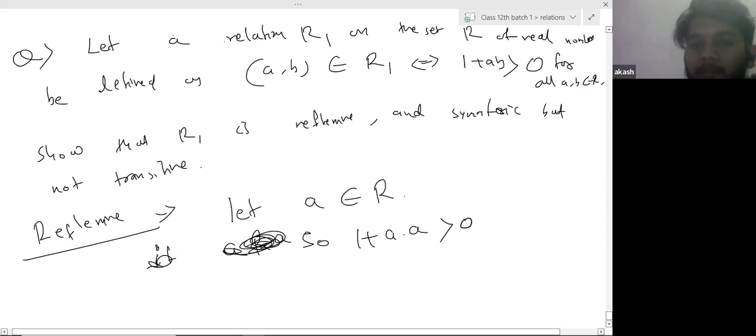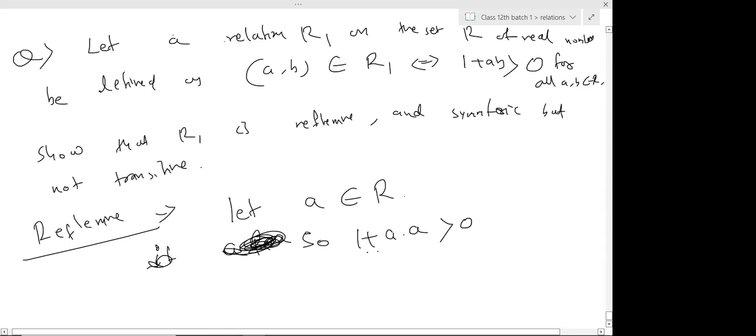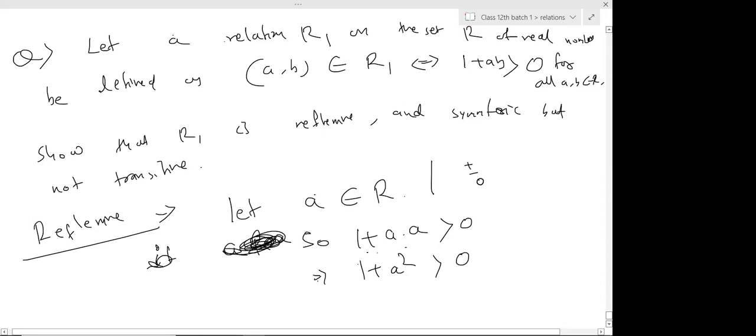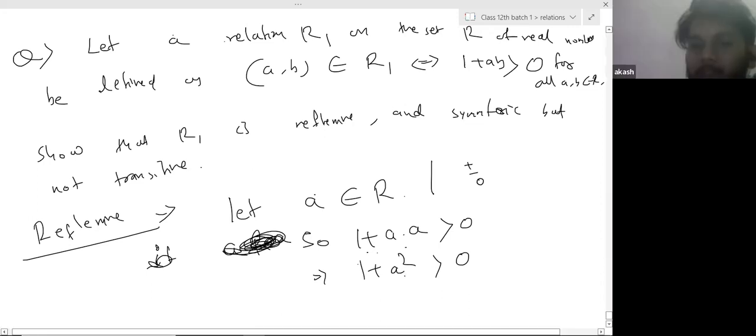Is this clear, everyone? Yes, sir. So this is 1 plus A square is greater than 0. Now if A is a real number, A can be either positive, negative, or 0, right? Yes, sir. And A square is always positive or 0.